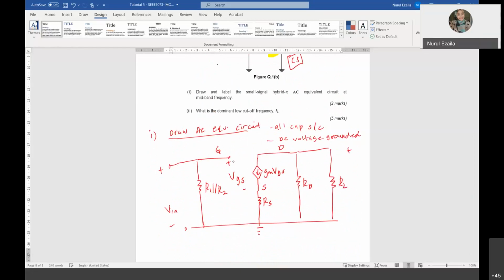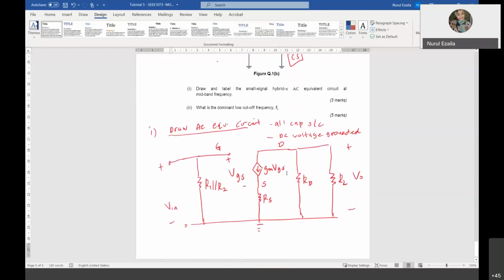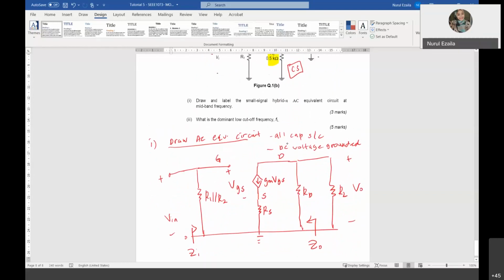This is plus minus V out. Where do the arrows of Z in and Z out go? Just put them here. So this is your Z in and this is your Z out. That's it for part 1.